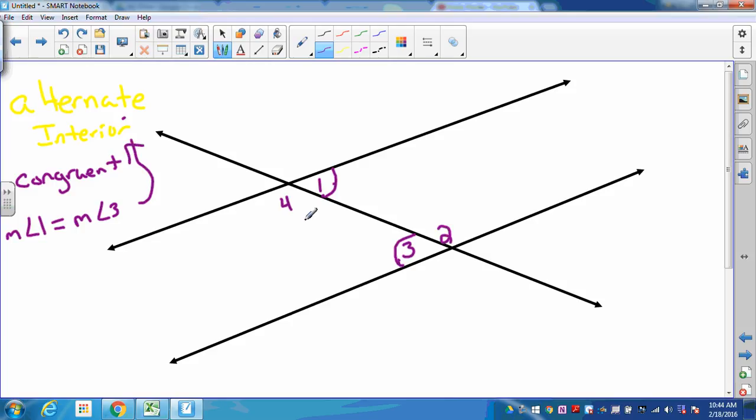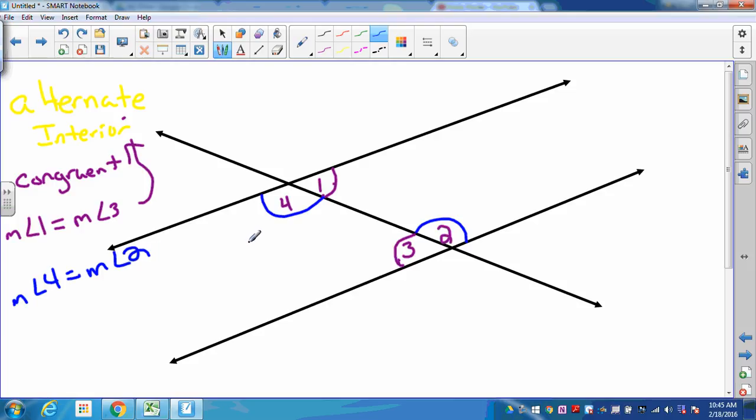That would also mean that angle 4 and angle 2 are alternate interior angles. And since angle 2 and angle 4 are alternate interior angles, the measure of angle 4 is equal, or congruent, to the measure of angle 2. Alright, so there are two sets of alternate interior angles.